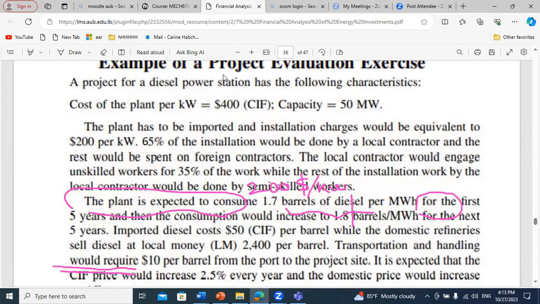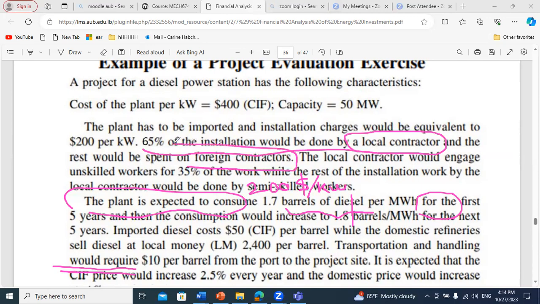So if we go back to the description in the problem, they told us that first we have $200 per kilowatt. This will give us a total of $10 million, as we mentioned. But now 65% of the installation cost would be done by a local contractor. So this percentage will be exposed to a reduction in economic analysis, while for the foreign contractor, we don't have to do any reduction.